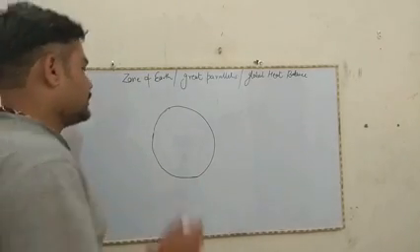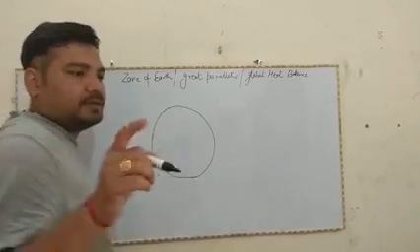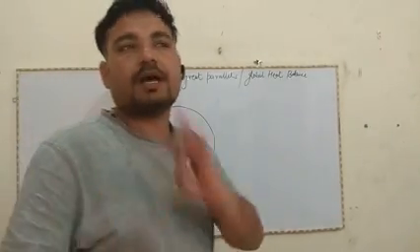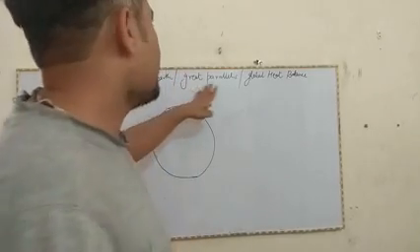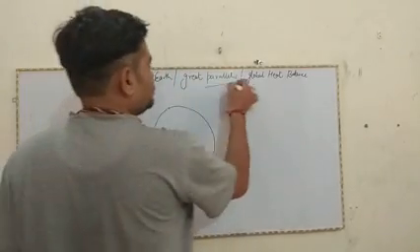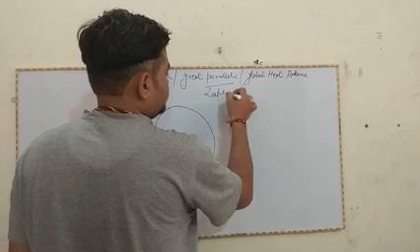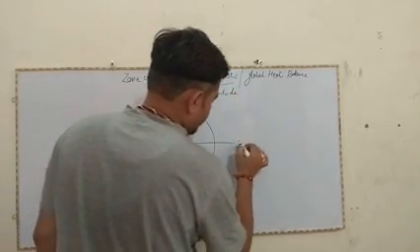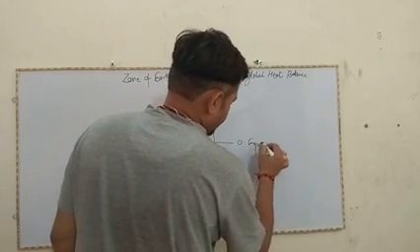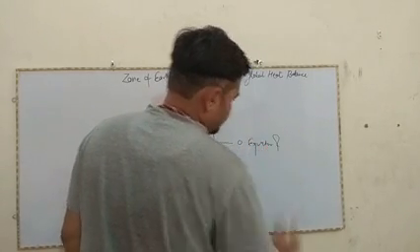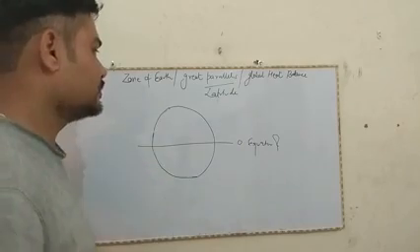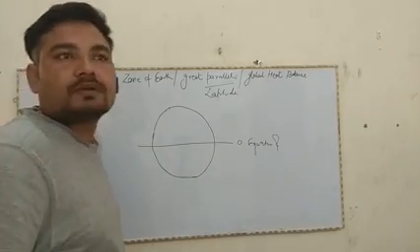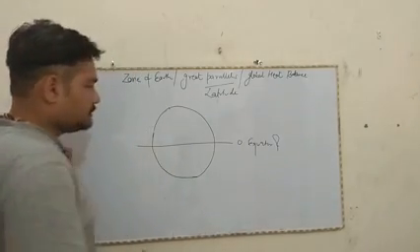Look, I'm assuming that you know what is parallel, what is latitude. So that 0 degree latitude is symbolized as equator, that's a 0 degree parallel.